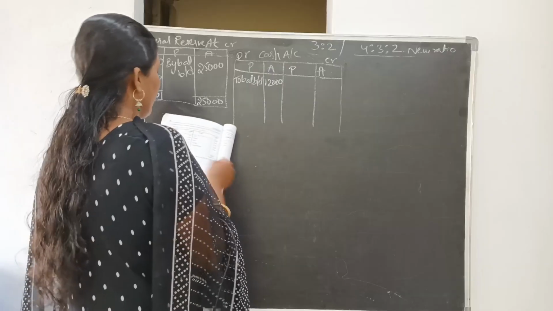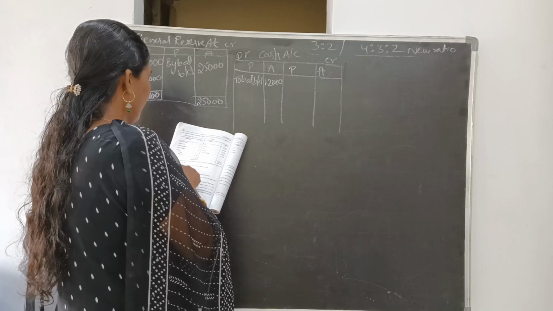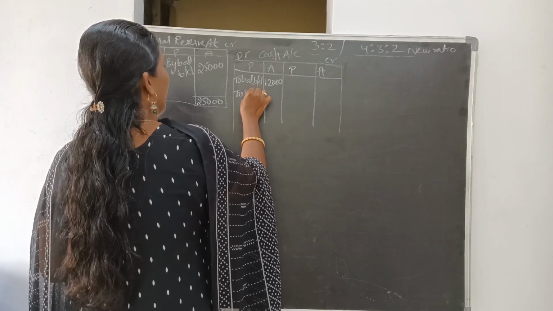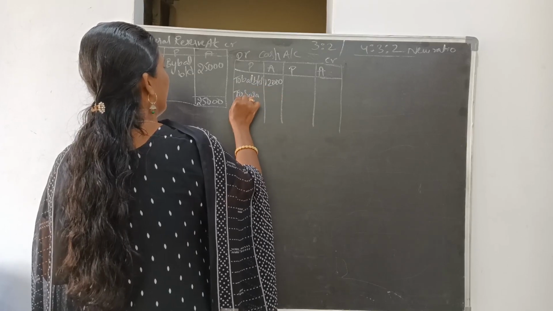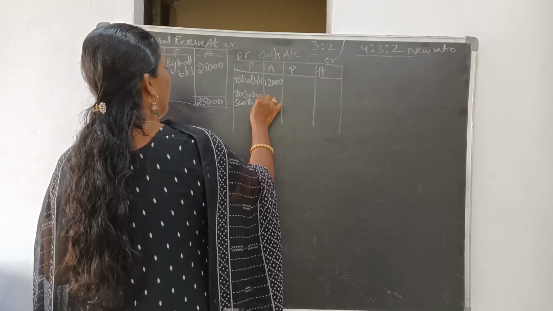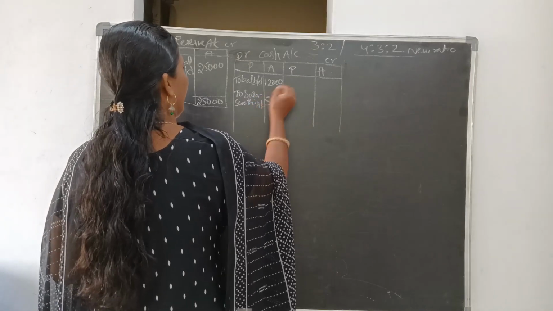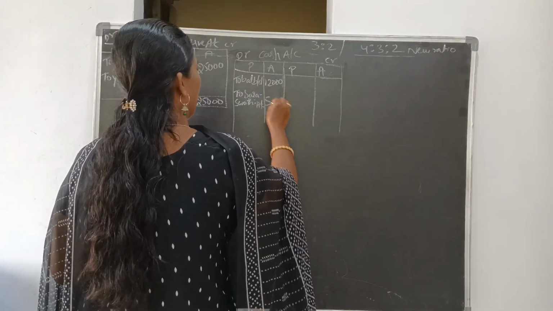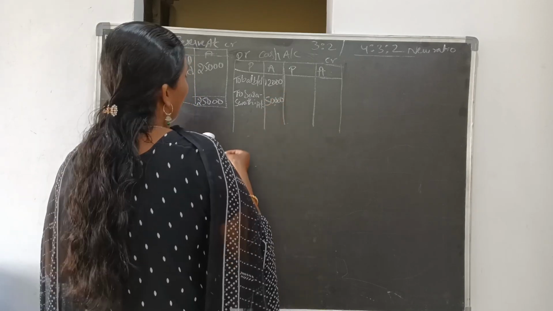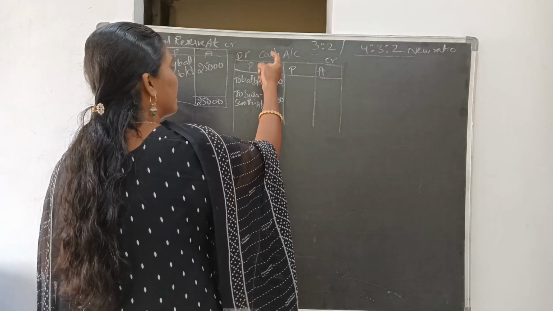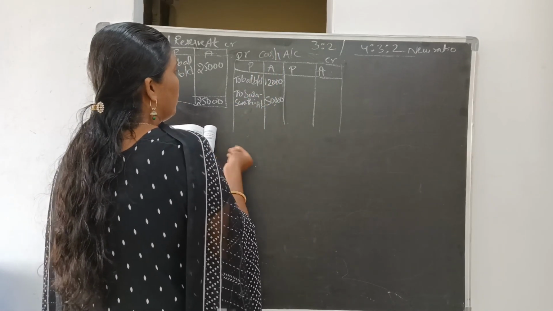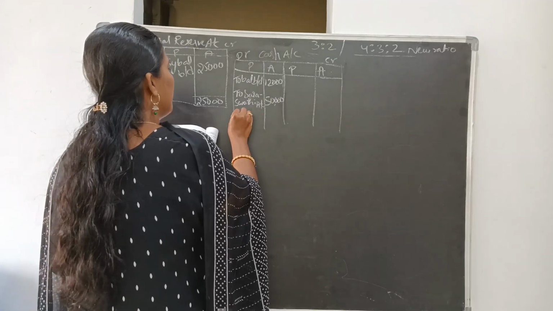Now what is the new capital of Saraswati? 50,000. So write down to Saraswati account, 50,000 is the capital. You know the journal entry for this: cash account debit to Saraswati capital account. So cash is coming into the business.